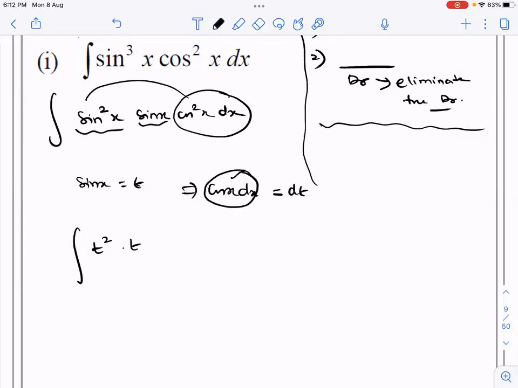Into cos x dx, you will write it as dt, and there is one more cos x left out. What will you do to this cos x? You should not write dt by dx. Cos square x, if you write it as cos x into cos x dx, this cos x dx is what I wrote as dt. And one more cos x is left out. That is this cos x. Any other idea?